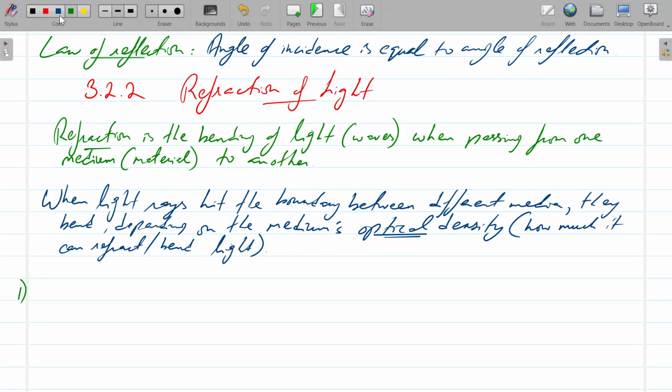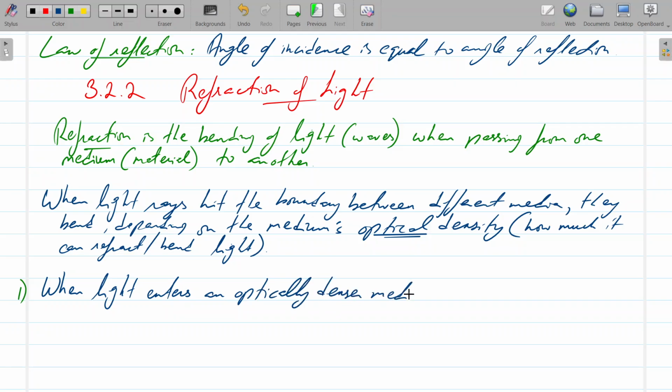The first is that when light is entering an optically denser medium, this is what you would expect to happen when light is going from air through glass.